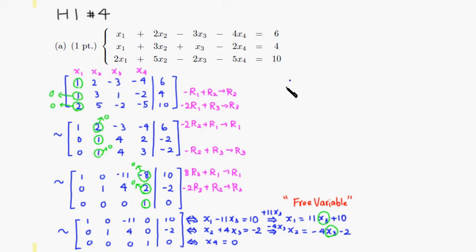So here's how we write it. The solution is going to be x1, x2, x3, x4 is equal to, first we're going to have to use some variable for a free variable, because a free variable can change.